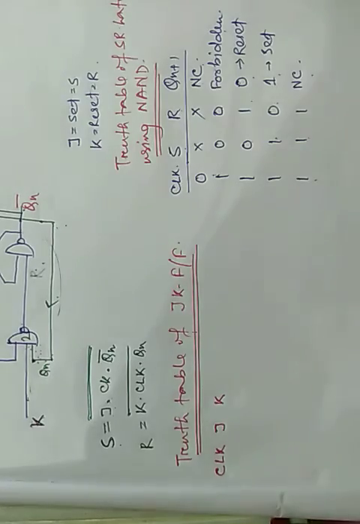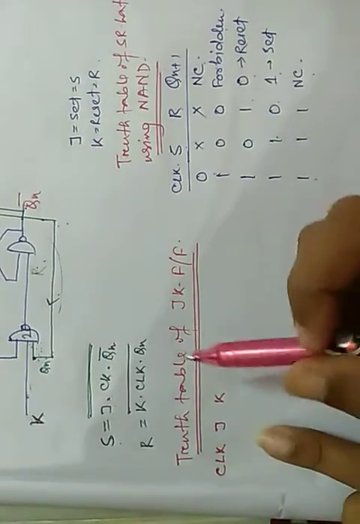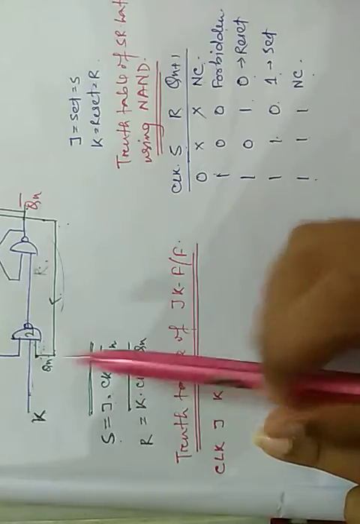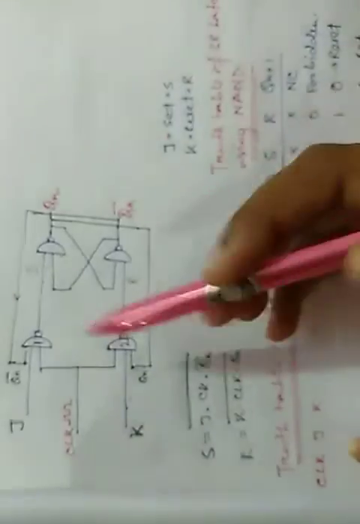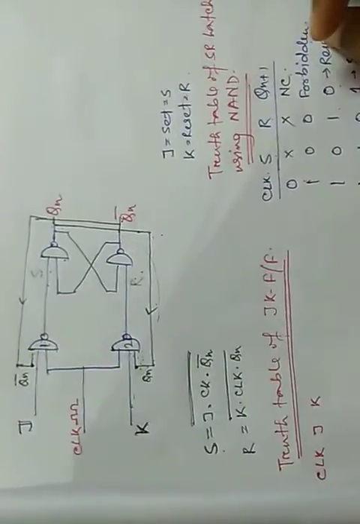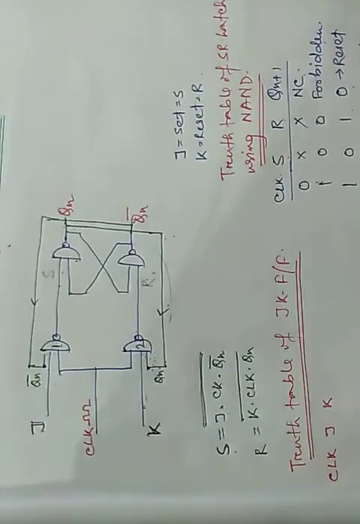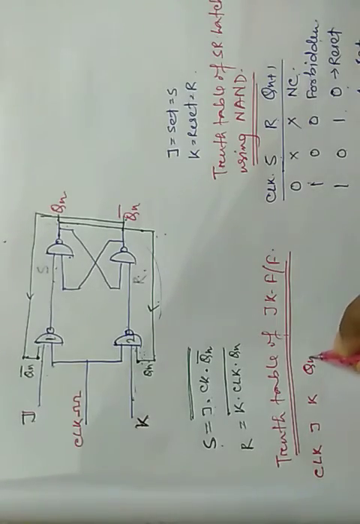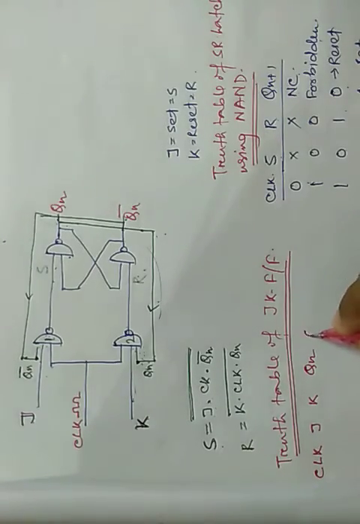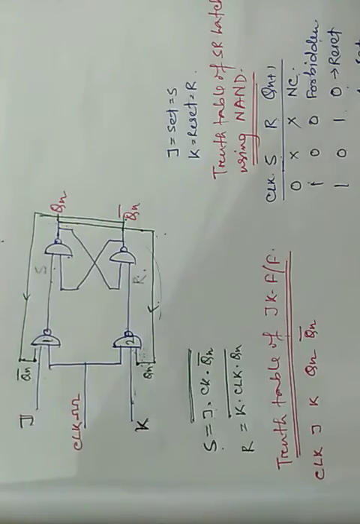Okay, then we have to input both Qn and Qn bar, as both are needed here. So we can write here Qn and Qn bar.